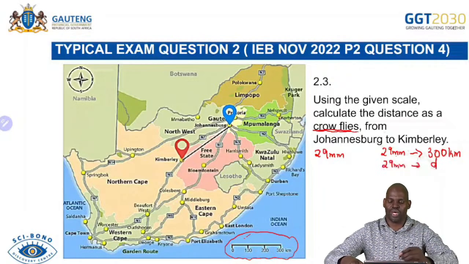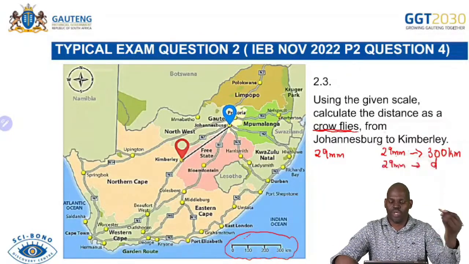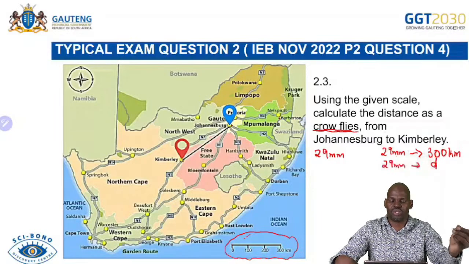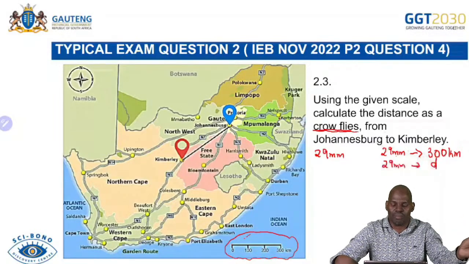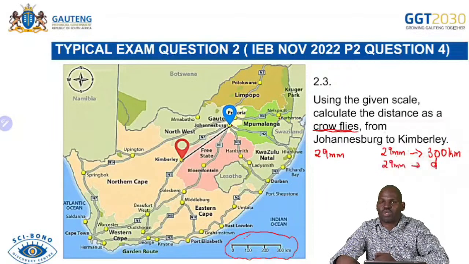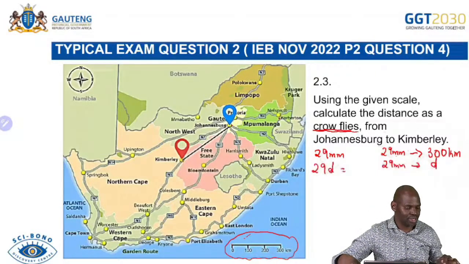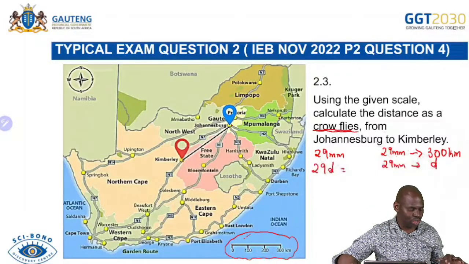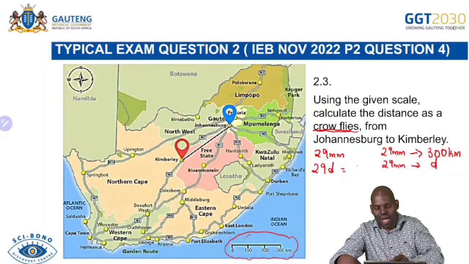Okay, we can just do it. In the previous one that we did, we just took it as is, since the measurements were the same. But in this case, let us confirm if indeed our distance will still be 300 kilometers. If I cross multiply, I get 29d equals 300 multiplied by 29, which gives me 8,700.